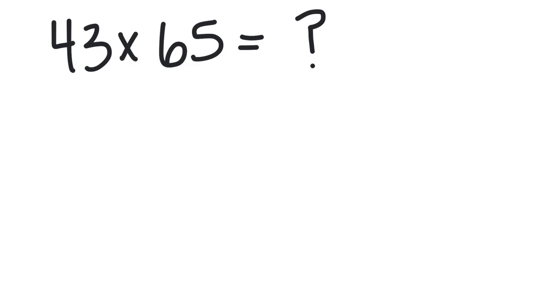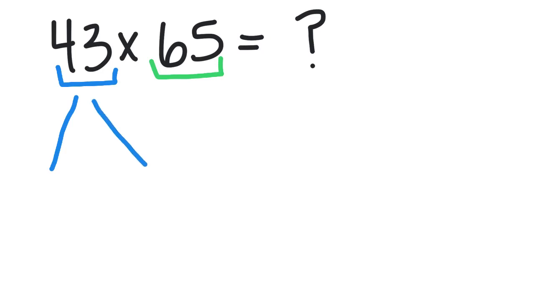In the area model, you are going to break up your two numbers into smaller pieces and multiply those pieces together. So let's make our 43 blue and our 65 can be green. You already know how to write numbers in expanded form.